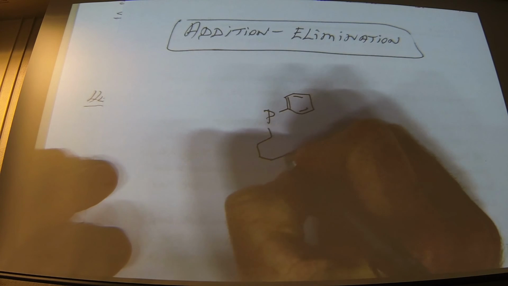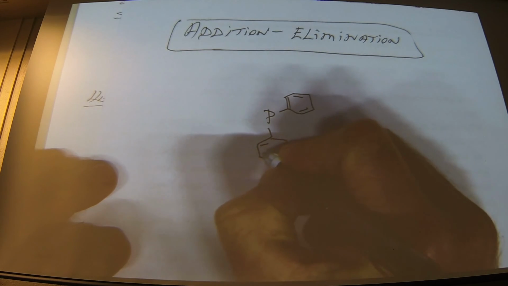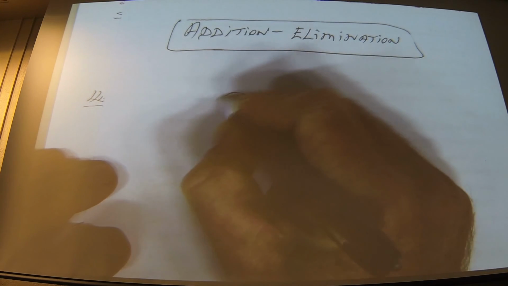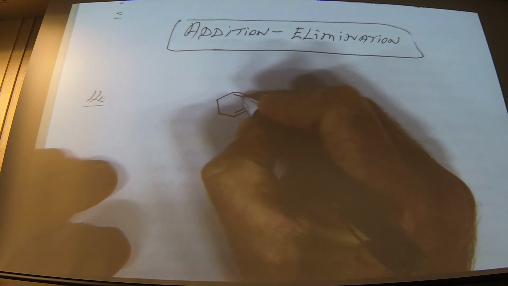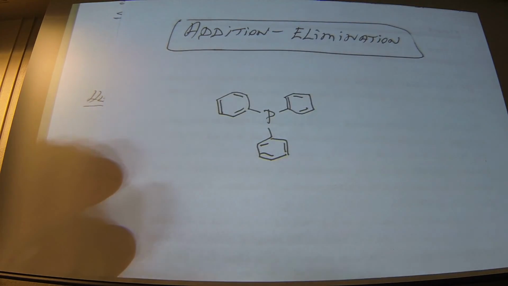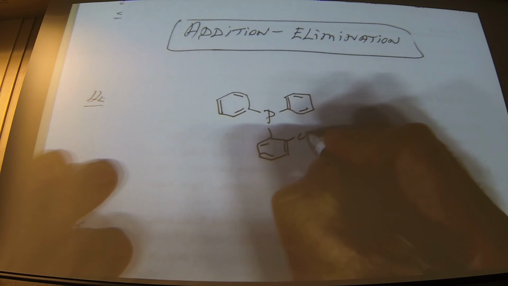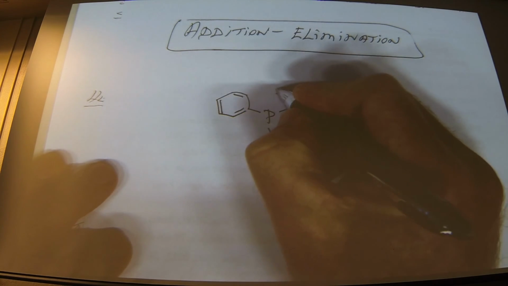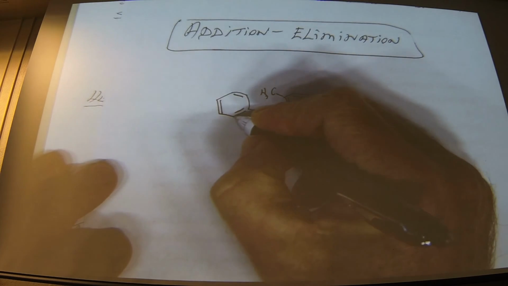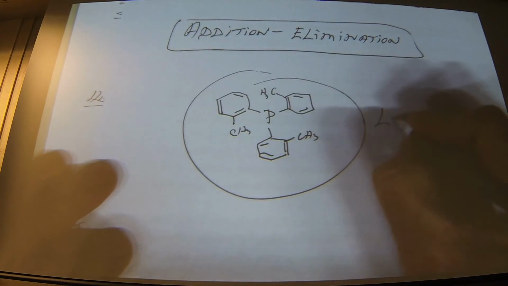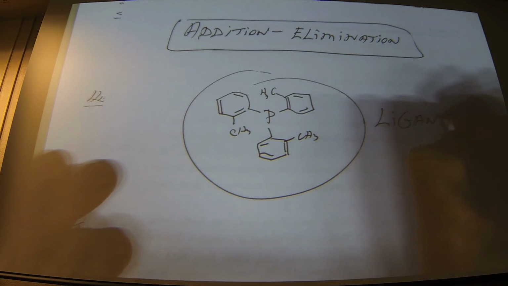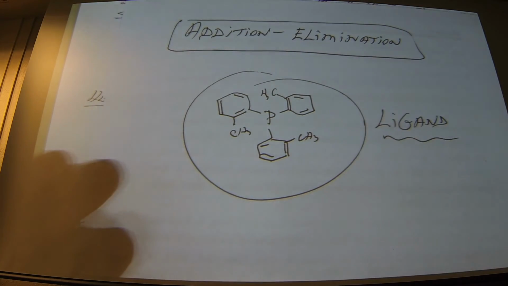We've seen triphenylphosphine in Chem 272. It is very commonly seen in these organometallic reactions. But this is a triphenylphosphine where I have methyl groups attached here. And this whole thing is called a ligand.